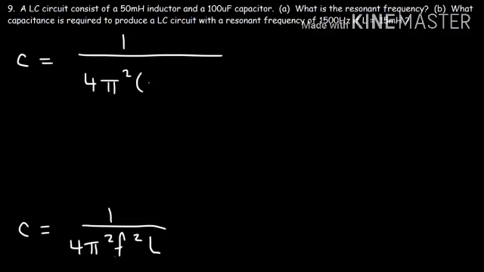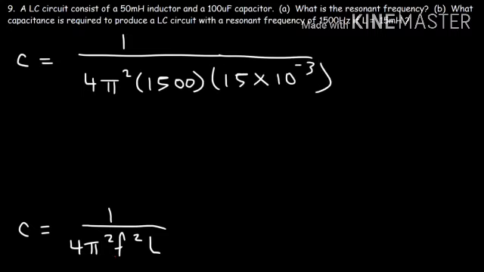So the frequency is 1500 Hz, and L is 15 times 10 to the minus 3. So 15 times 10 to the minus 3 times 1500 times 4 pi squared, that's equal to 888.26.